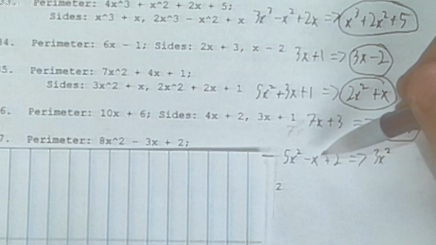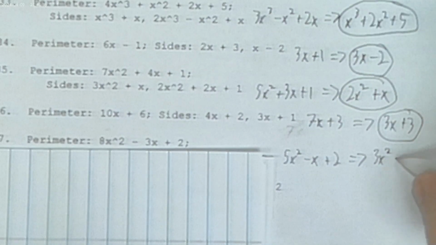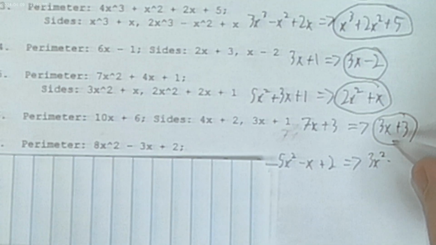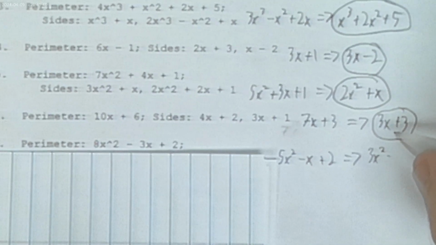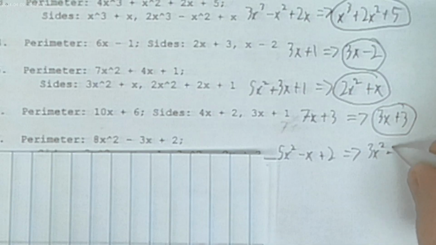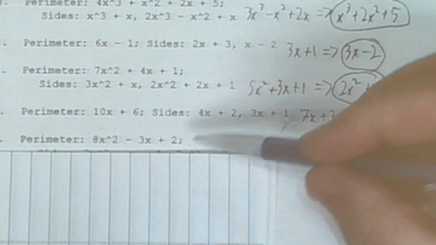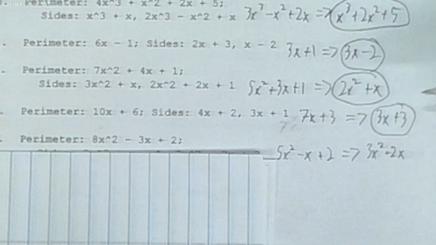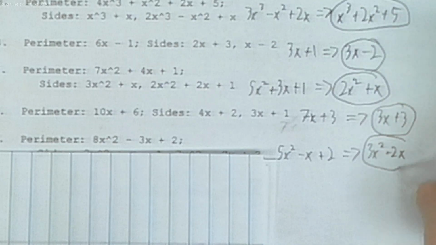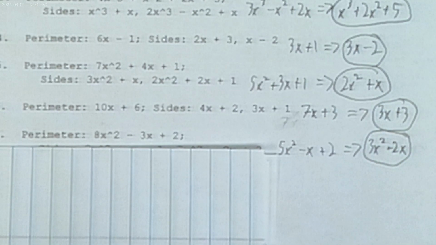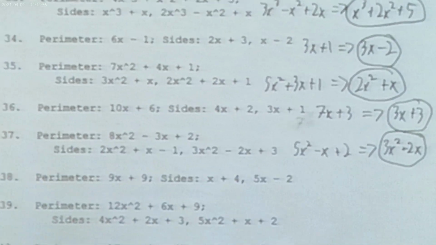Then I've got minus 3x, minus x. So that gives me minus 2x. And then plus 2 here, plus 2 here. Oh, we're done. And there we go. That's the side that I need in order to get that perimeter.